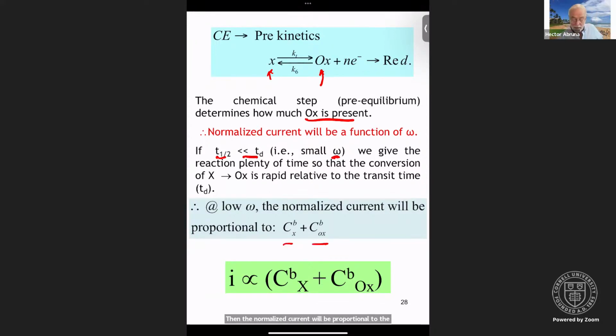Because this pre-equilibrium partitions your reactant into X and OX, which is redox-active. And so if that conversion is very fast relative to the transit time, meaning low omega and/or fast k forward, then the current that you observe will be proportional to the sum of the concentration of both X and OX.